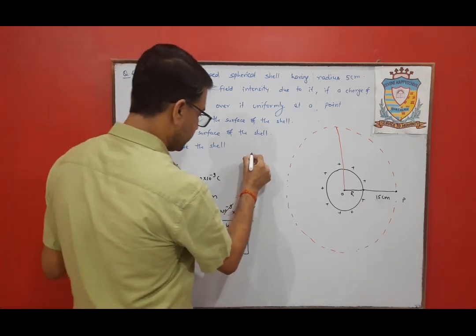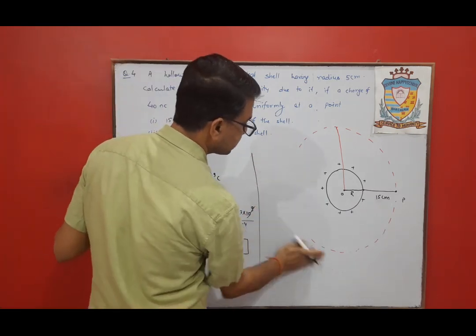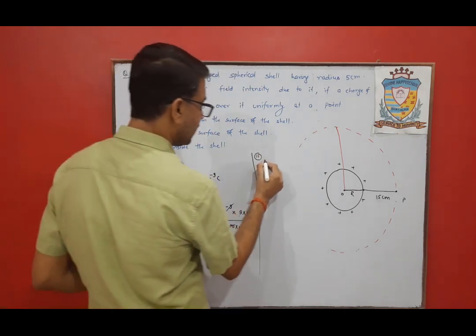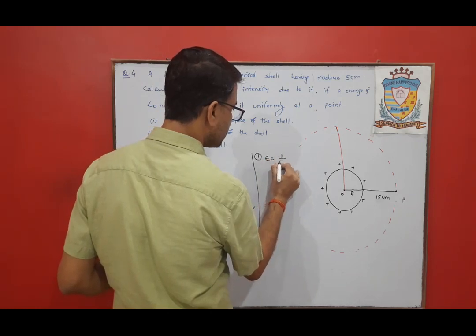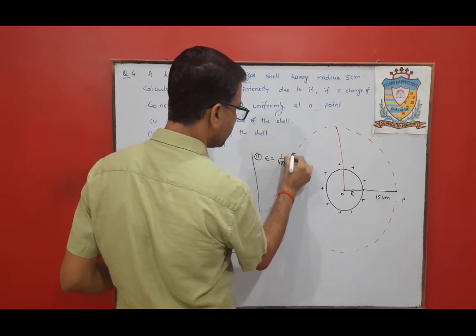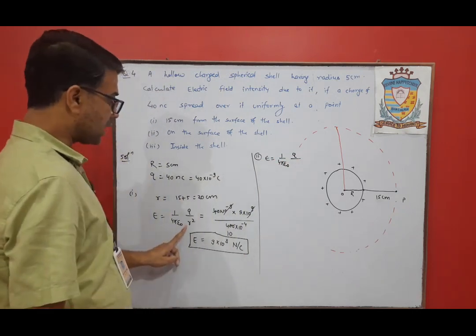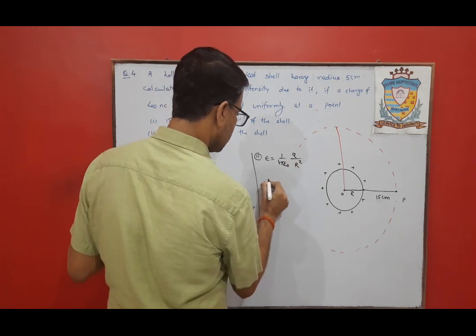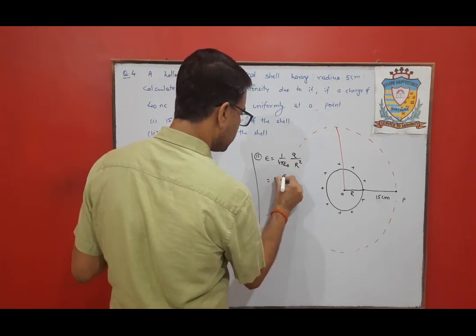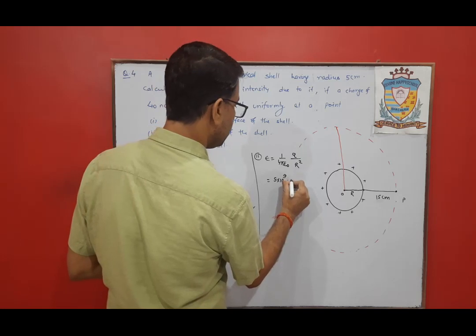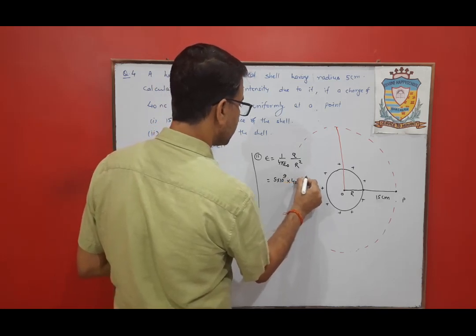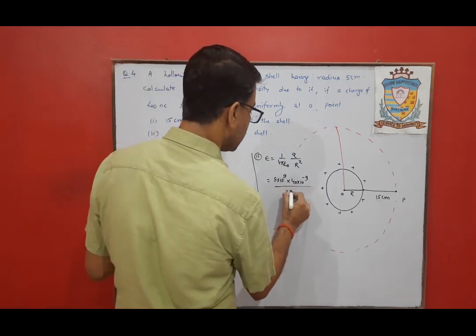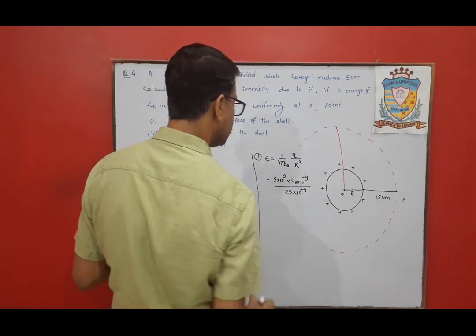The electric field intensity is equal to 1 upon 4 pi epsilon naught times q upon R square, where here this small r is replaced with the capital R. So 9 into 10 to the power 9 into 40 into 10 to the power minus 9 upon R square, that means 5 square, 25 into 10 to the power minus 4.